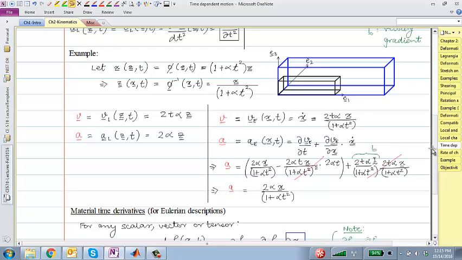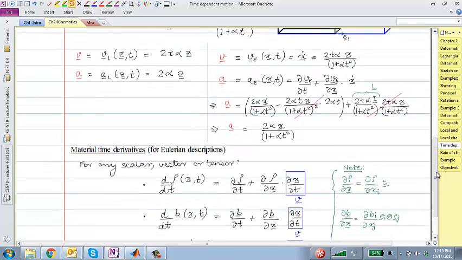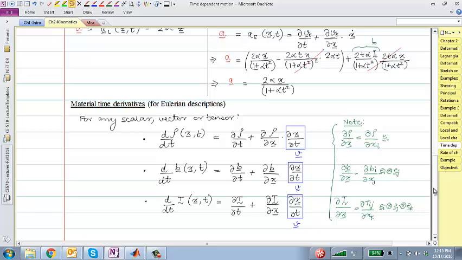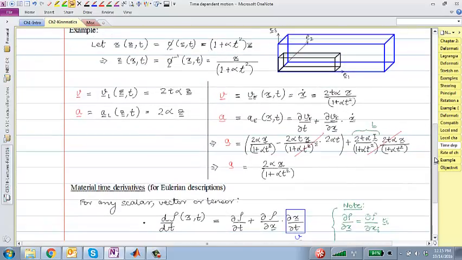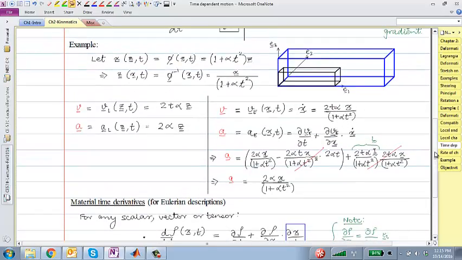Okay. Related to all of this, there is a very important concept. Can I get the acceleration in Eulerian description by first getting the expression in Lagrangian description and then substituting the inverse map? Absolutely.